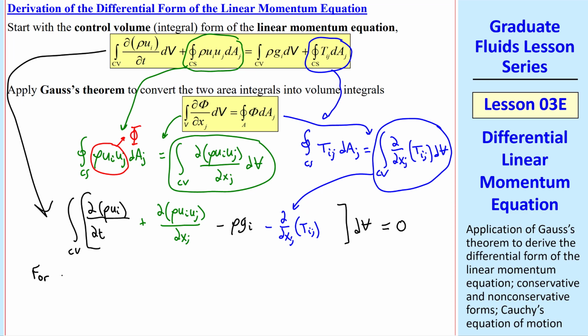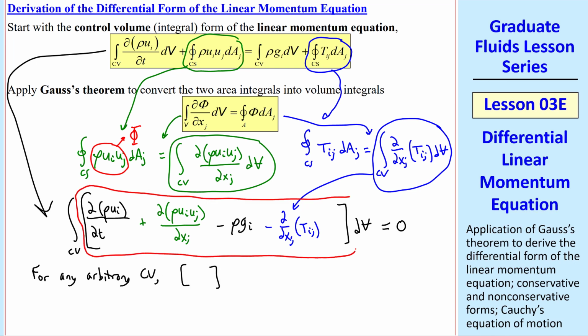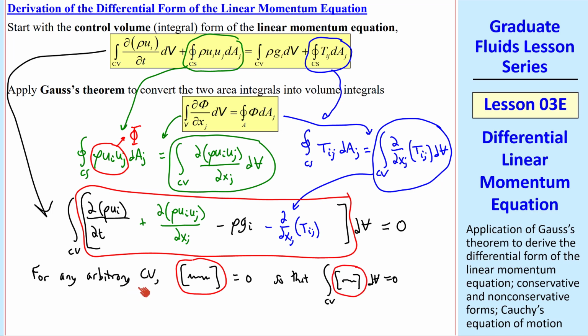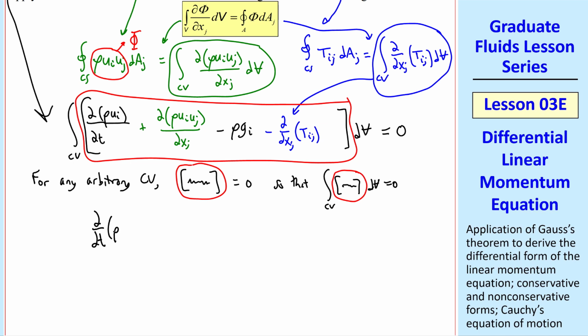Now we make the argument that for any arbitrary control volume, the integrand, all these terms that I'm circling, must be 0, so that the integral of all those terms for any arbitrary control volume, no matter what its size or shape, equals 0. Thus we can write the differential form of the linear momentum equation.